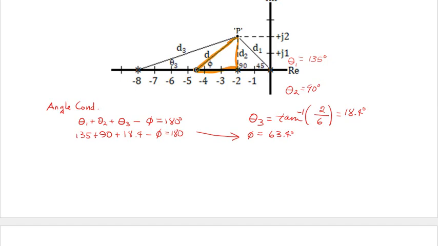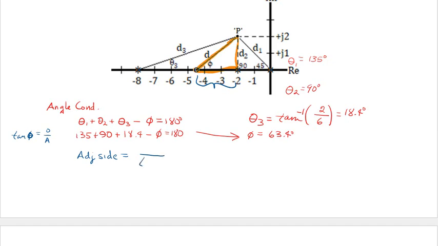For A, the adjacent side, this distance right here, is going to be equal to, remember, tangent of phi is equal to the opposite over adjacent. So the adjacent side is the opposite over the tangent of the angle.